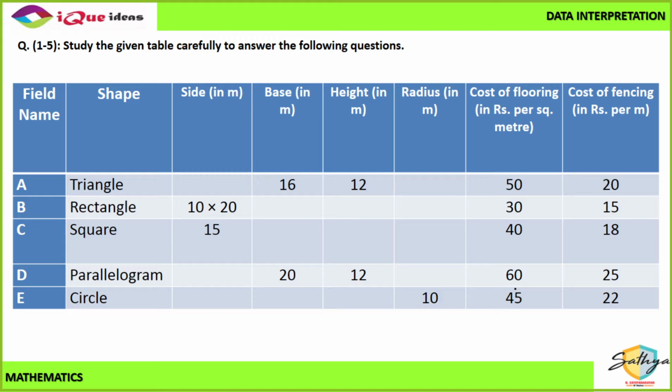If I want to put a carpet, if I want to lay tiles, then per square meter, what is the cost? That is for area. We have been given per shape. And then the circumference. If I want to put a fence or a boundary wall, then what is the length of the border, right? Based on that, the cost of fencing per meter is given for each of the shapes. Did you get that? So did we understand the basic information which is presented to us in this table?